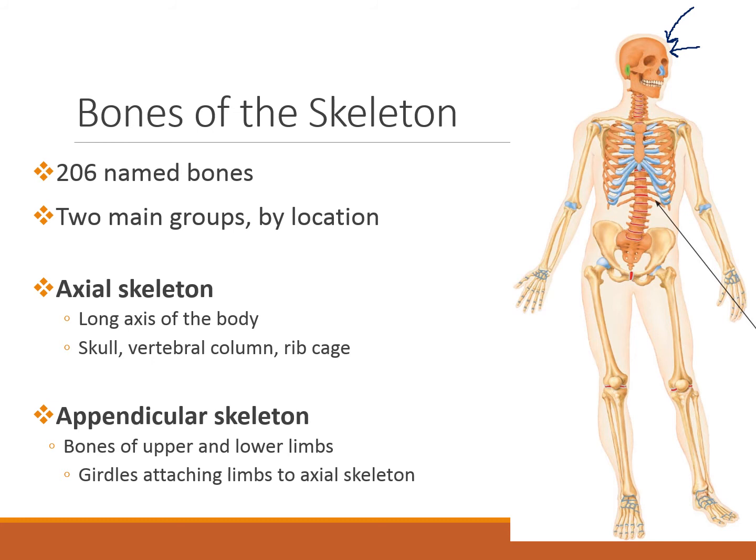In addition to those bones, you have the bones that form what's called the pectoral girdle here and here. And you have the bones of the pelvic girdle, which are here and here. So that's also part of the appendicular skeleton. In the pectoral girdle, you have the clavicles and the scapulae. And then in the pelvic girdle, you have the pelvic bones.